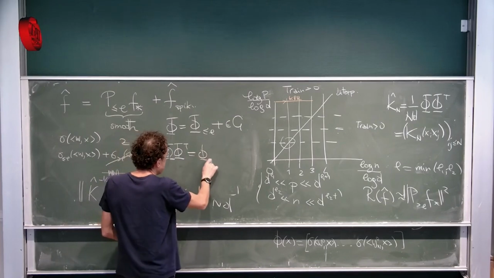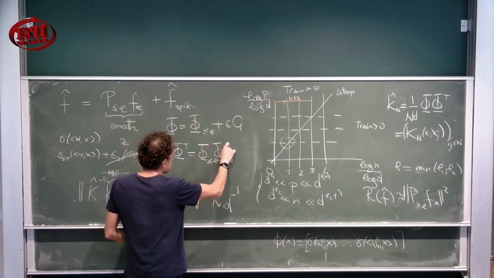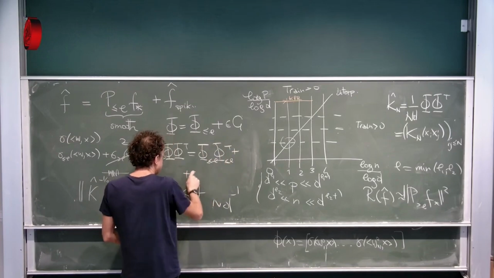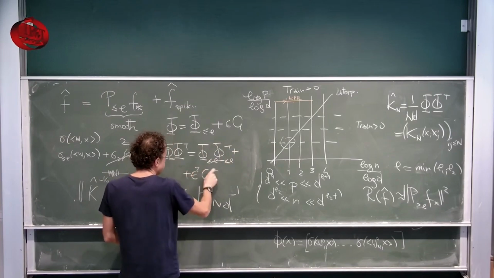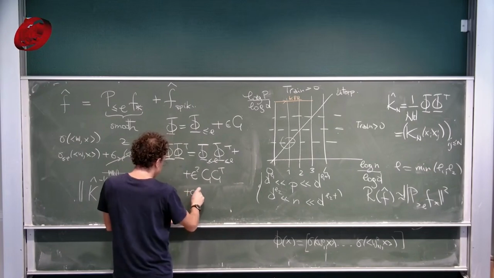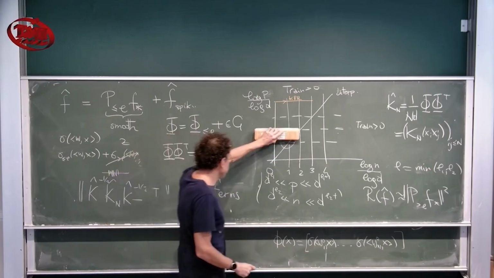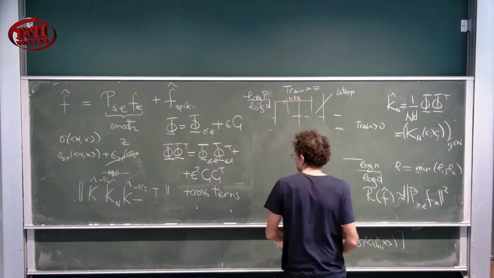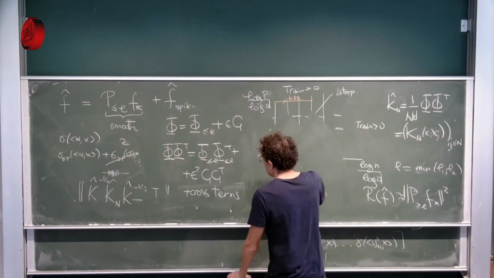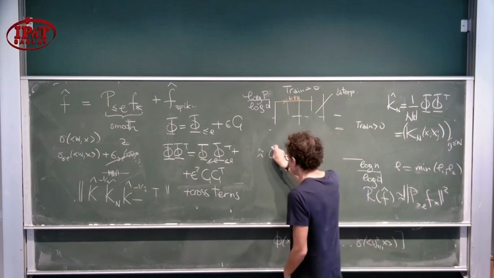This is P less than L, P less than L transpose plus epsilon squared times G transpose plus cross terms. And if this is noise, now you can imagine that you put to 0 and neglect all the terms that have 0 expectation.